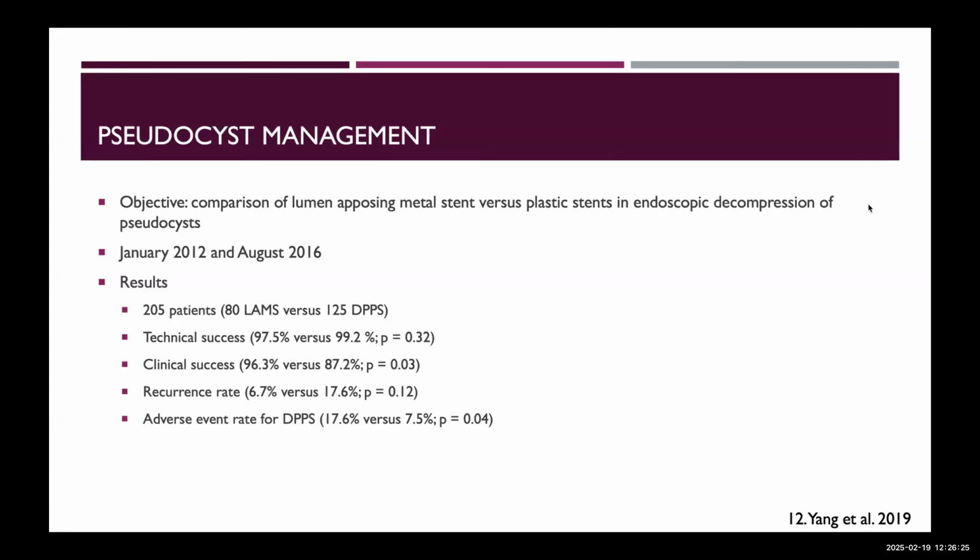So the gastroenterology community, when we drain pseudocysts, largely speaking, the preference is to use a large metal stent that is more expensive, but I would argue has greater clinical success and fewer adverse events compared to the alternative.